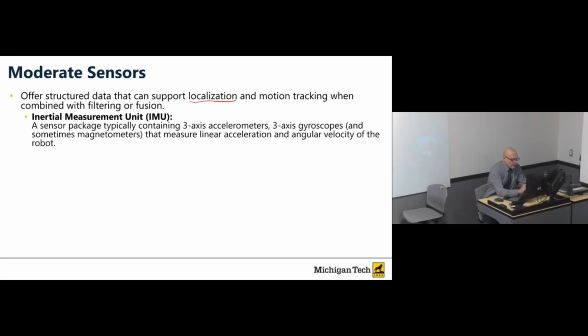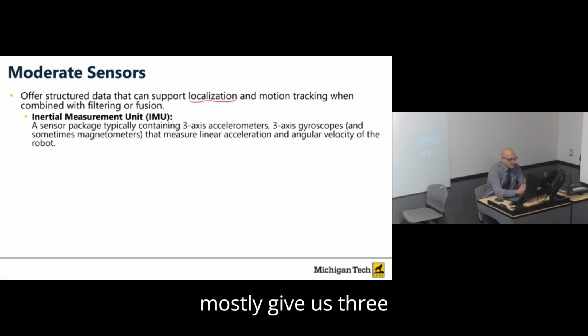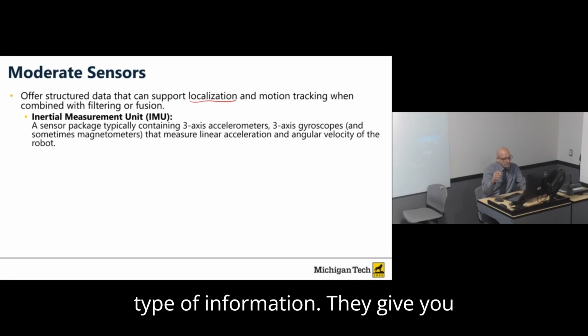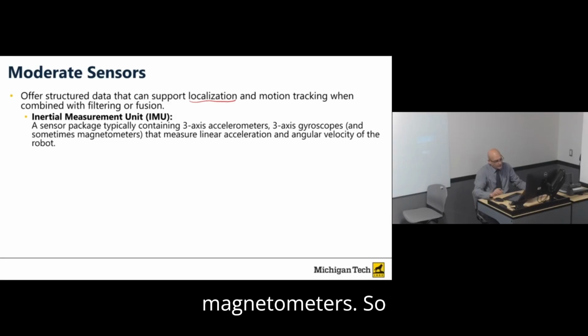So inertial measurement unit sensors mostly give us three types of information. They give you acceleration. They give you gyroscope information. And sometimes they have magnetometers.